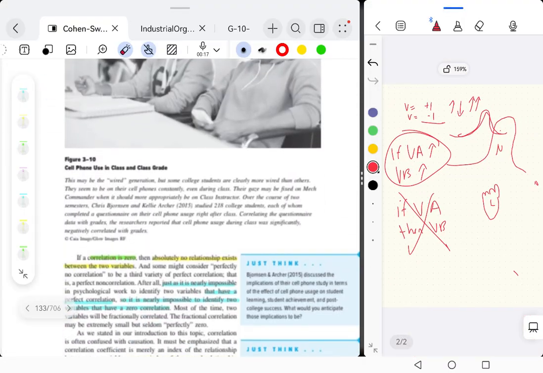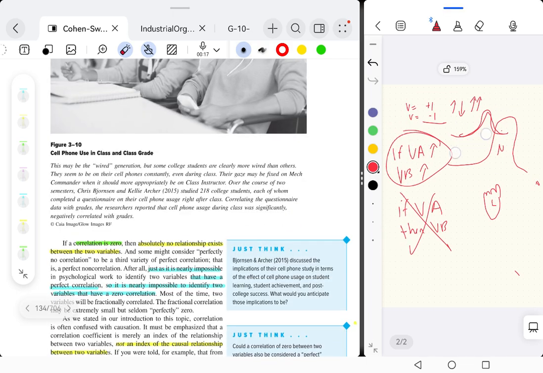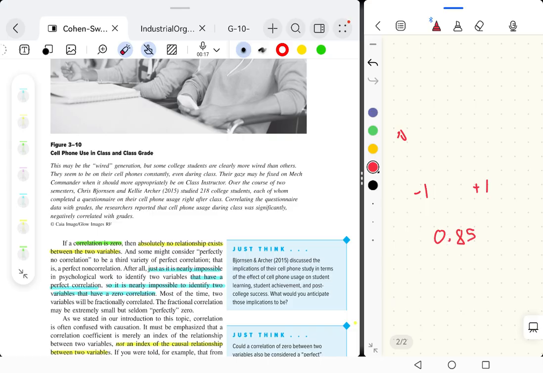Okay, let's take for example kanime. Since ang range nato sa correlation coefficient is -1 and +1, how strong is this correlation? This is very strong actually, because it's near this part.